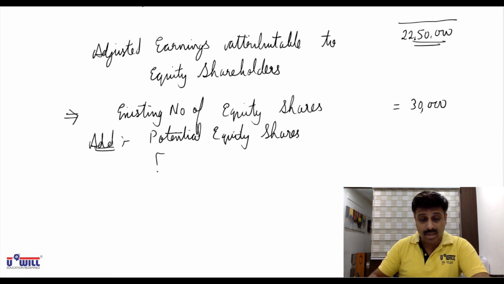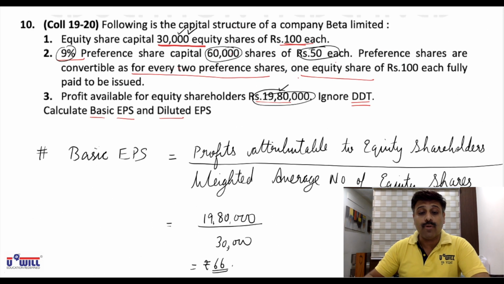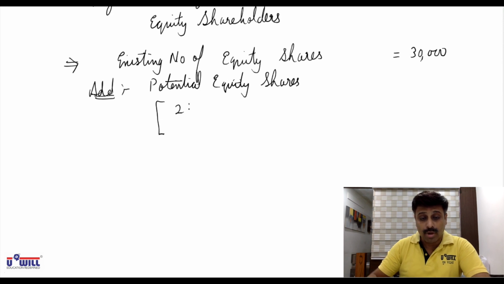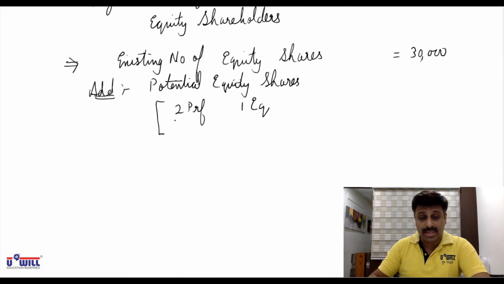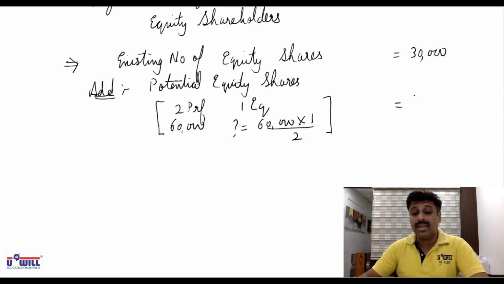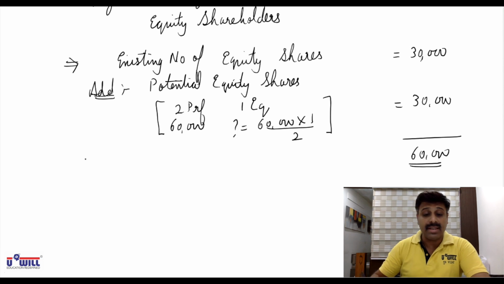For that, we'll make a working over here. It is given, for every 2 preference shares, 1 equity share will be given. So write that. Now there are 60,000 preference shares. So how many equity shares will be given? 60,000 into 1 by 2, that comes to 30,000 equity shares. So existing 30 plus 30, total there will be 60,000 shares in future. That is adjusted weights.